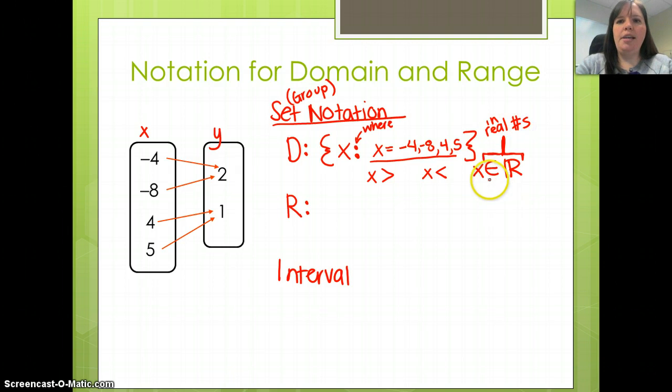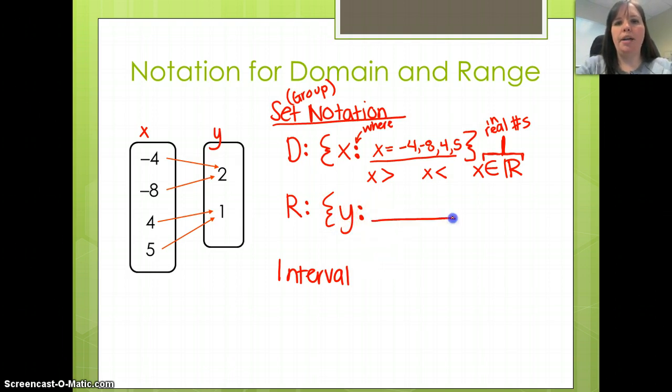So this E and this capital R, this block R, would mean that x could be anything in the real numbers. You can use inequality signs, you can use equal signs, and we'll see the different cases where you'd want to use each type. The range would be very similar. Again, it would be y. The only difference is we're talking about the range, we're talking about the y values.